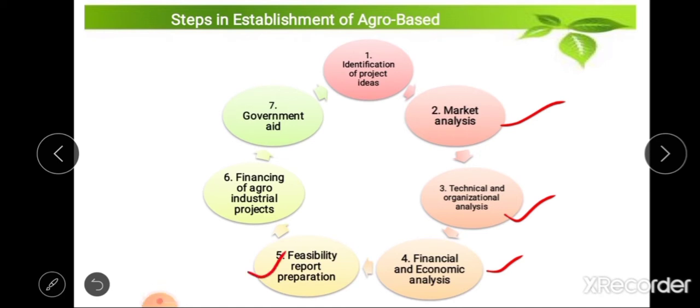Then the sixth step is financing of agro-industrial project, and the last step is government aid. So these are the 7 steps included in establishment of agro-based industries. We see these 7 steps one by one.